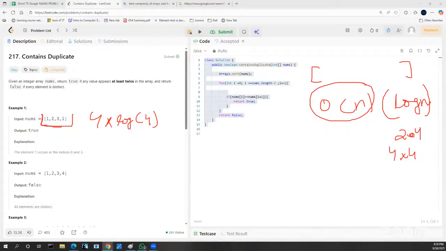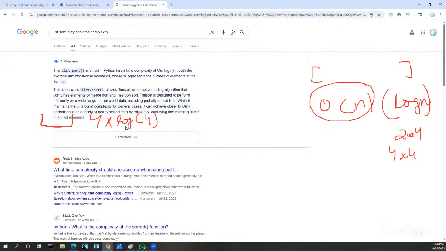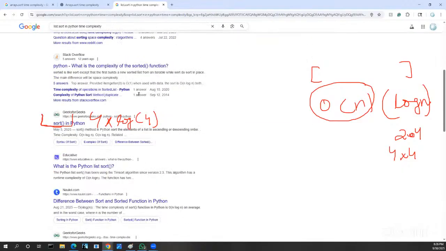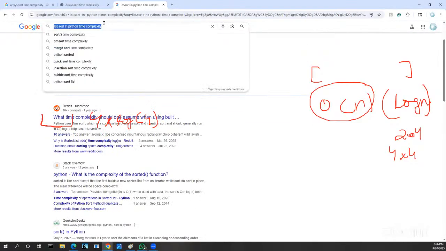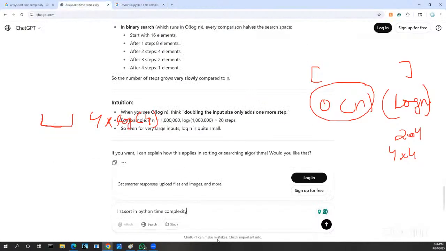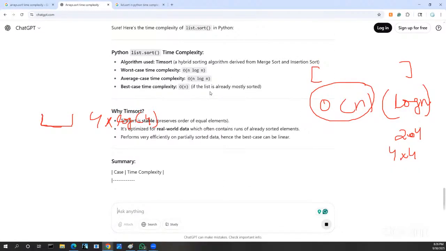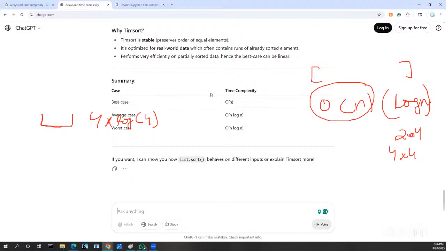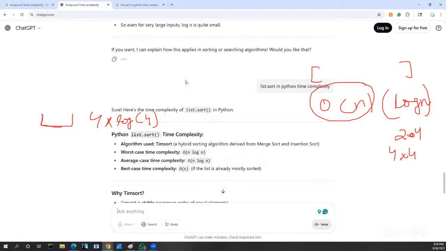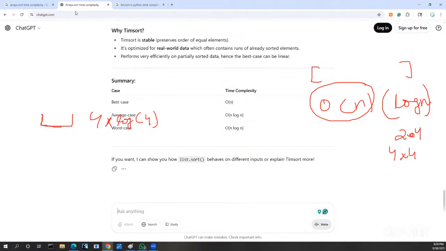Okay, for list.sort, it's n log n. Amazing, which means it's not that bad.